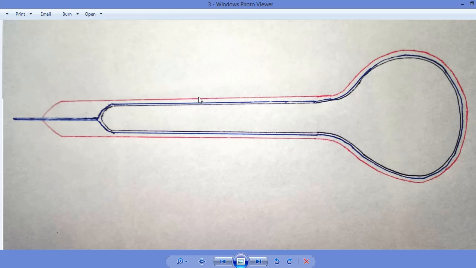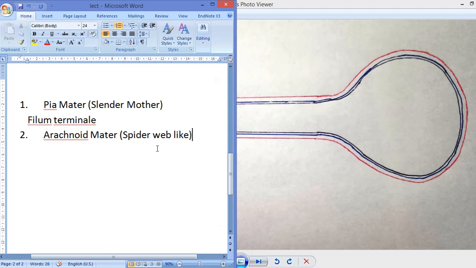In between the arachnoid mater and pia mater, there is a big space. This space is called the subarachnoid space.